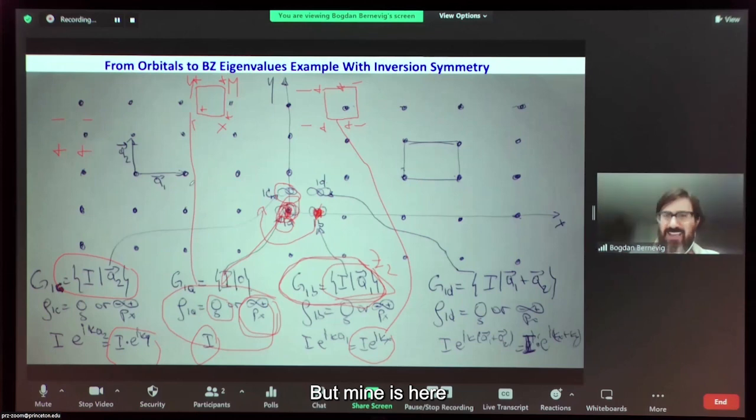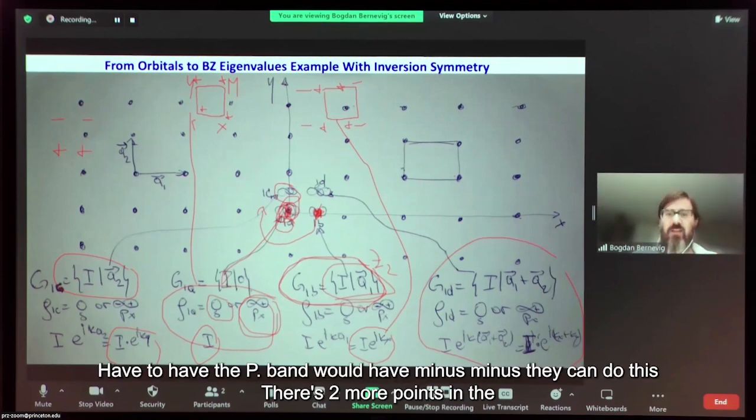Because if we get to ky equals pi, we'll get a minus sign. And you have this one, which is the middle of the unit cell in both directions. This would have, for example, plus, minus, minus, plus at gamma, x, y, m as eigenvalues.